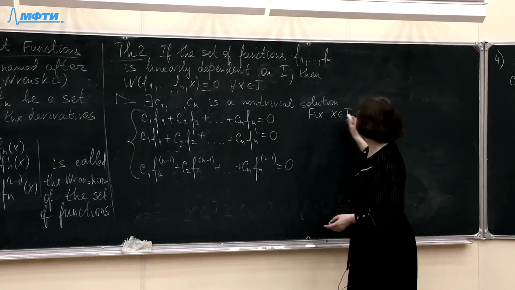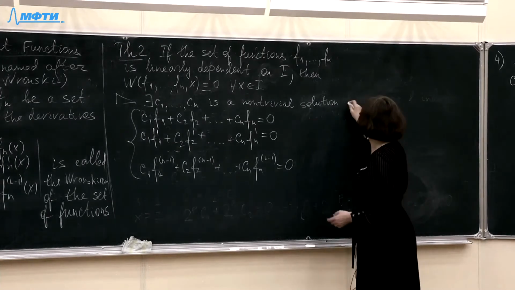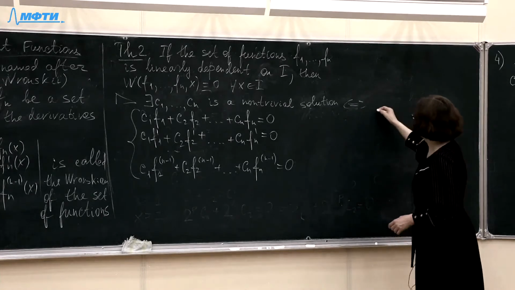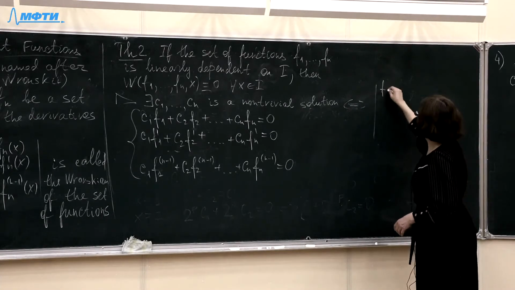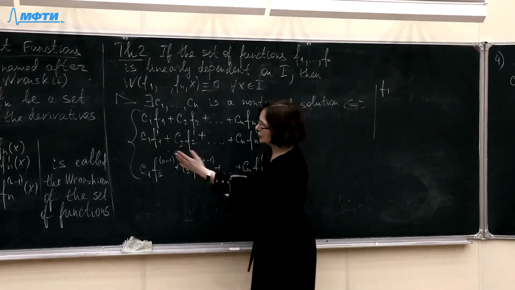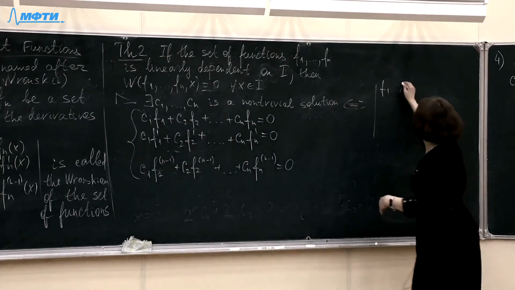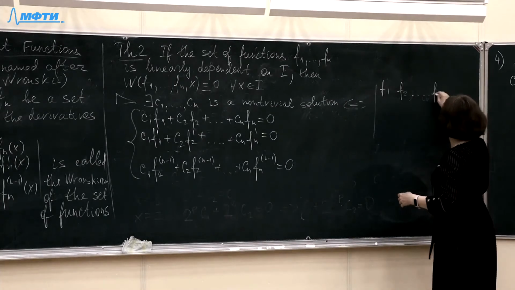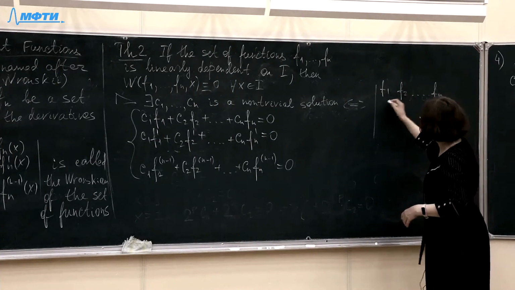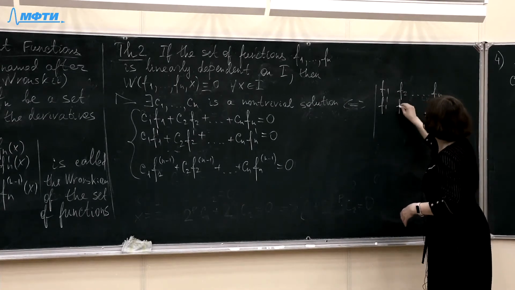But the determinant is just the Wronskian, the determinant of the matrix formed by these functions and their derivatives.